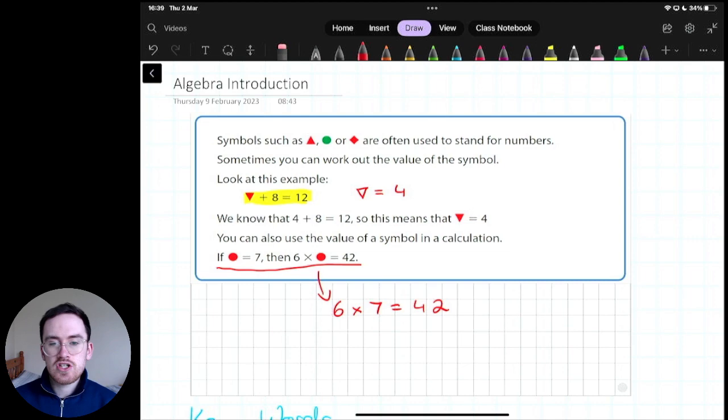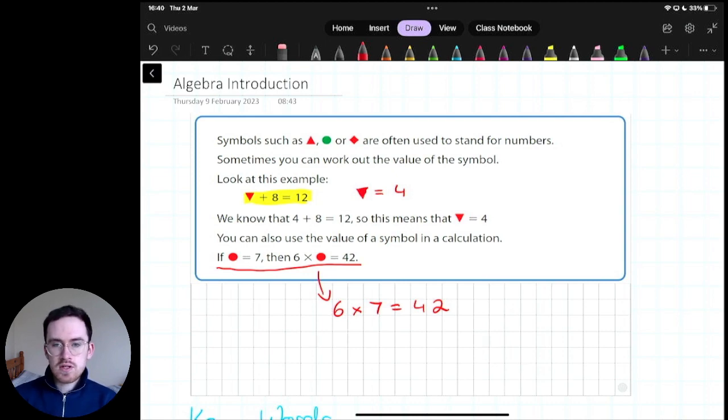Algebra is actually this, okay? In its most basic form, this is what we would consider algebra to be. It's all about looking for numbers that we don't know and representing those using symbols. And typically with most of the algebra we'll be doing, the symbols that you're going to use are just going to be letters, okay?